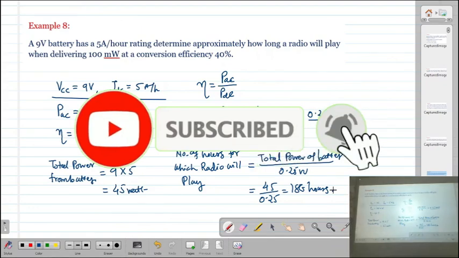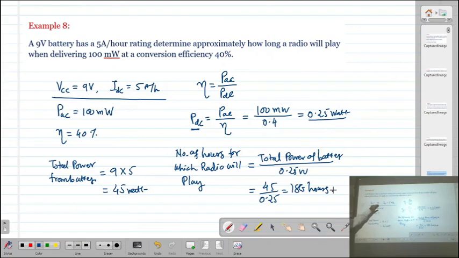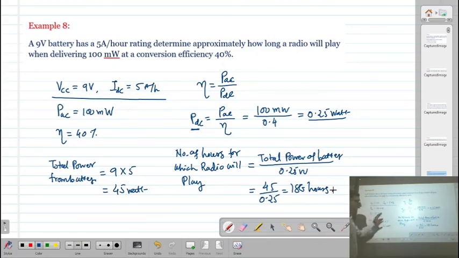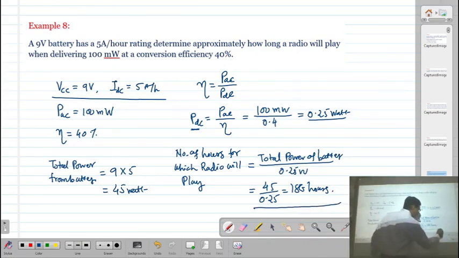So if the efficiency of the radio is 40% and we insert the 9-volt battery, then your radio will play for 180 hours.